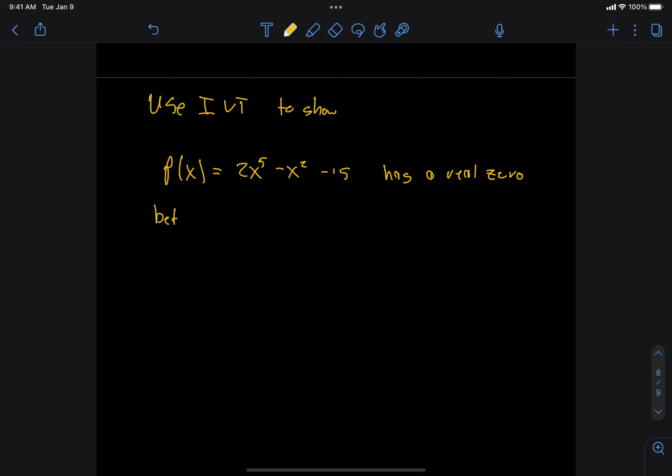All right, use the intermediate value theorem to show that p of x equals 2x to the 5th minus x squared minus 15 has a real zero between 1 and 2, and approximate the zero to 2 decimal places.